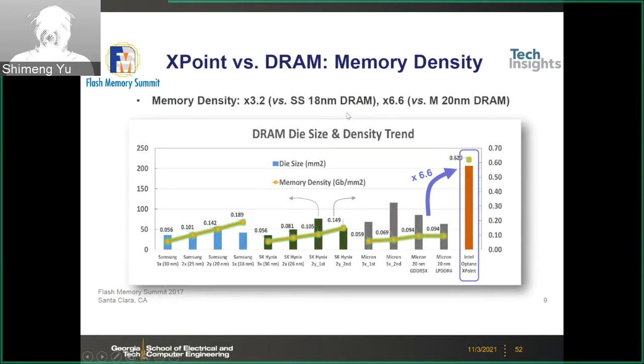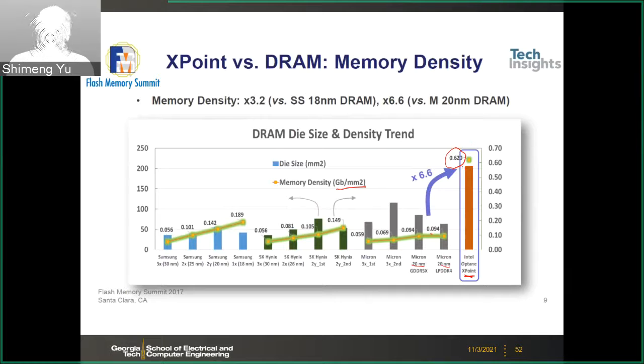And then here, if we compare the 3D XPoint with DRAM, you will see that it has much higher density per square millimeter, in gigabits per square millimeter. This Intel Optane 3D XPoint technology gives you about 0.6 gigabit per square millimeter. The 20 nanometer DRAM back in 2015 is much lower in density, about 0.1 gigabit per square millimeter.